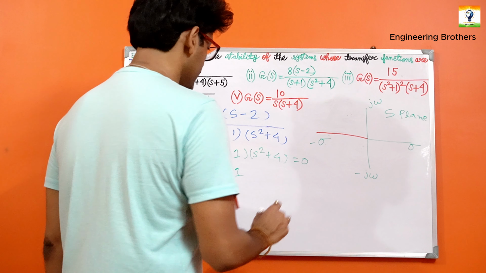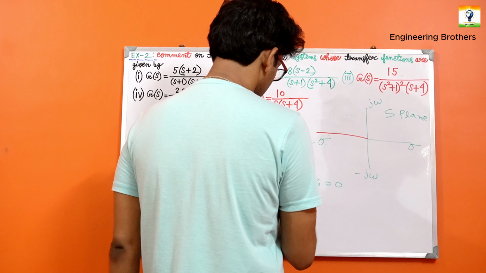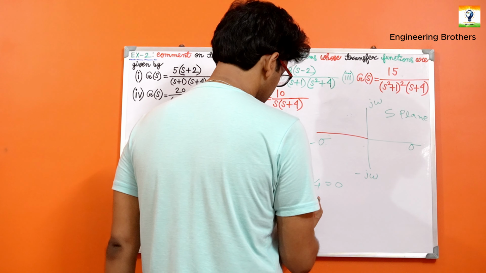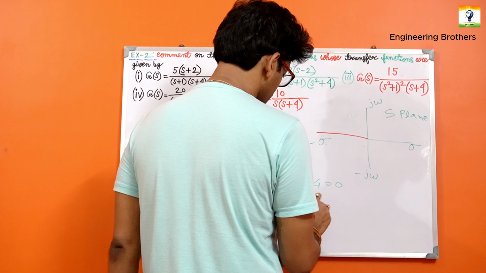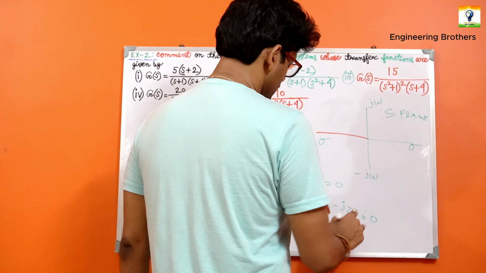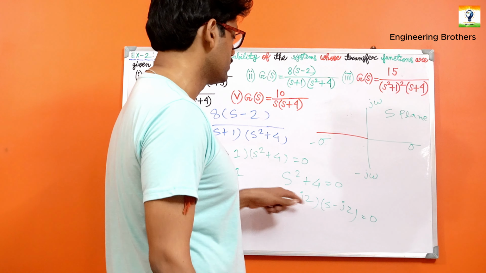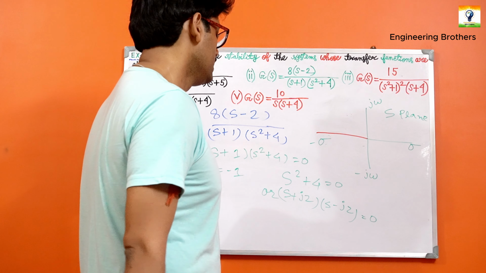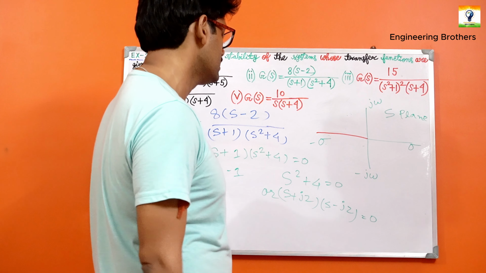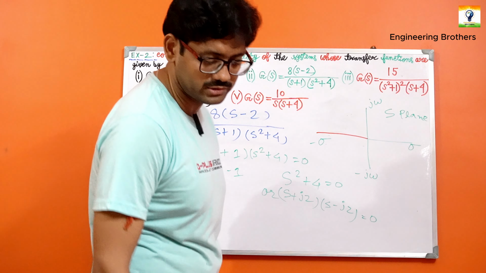For s squared plus 4 equal to 0, we can write this equation as (s plus j2)(s minus j2), using the formulation of s square minus b square, which gives s square plus 4 equal to 0.